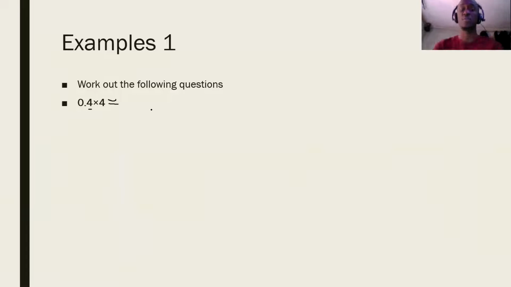So what we are going to do, class, we are going to remove the decimal point, and then we remind ourselves in bracket that we removed only 1 decimal point. So from there, you now work out the question without the decimal, which is 4 times 4.